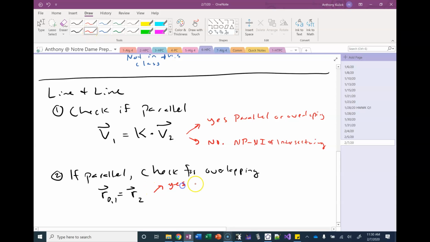If this is yes, we're overlapping. If this is no, we are just parallel.